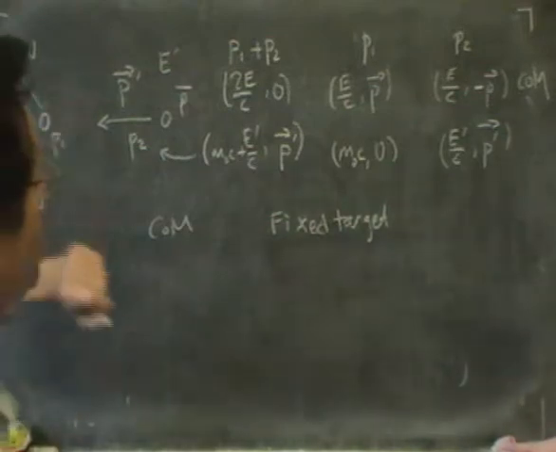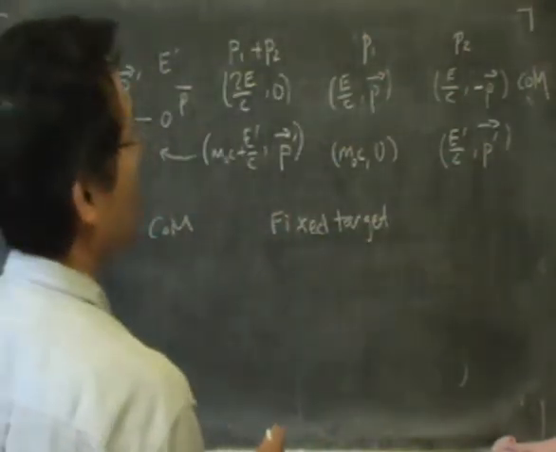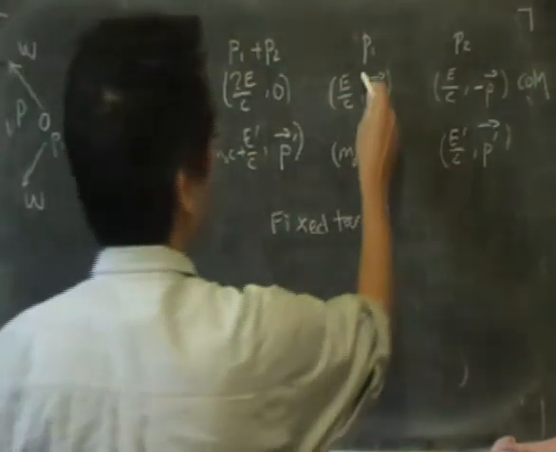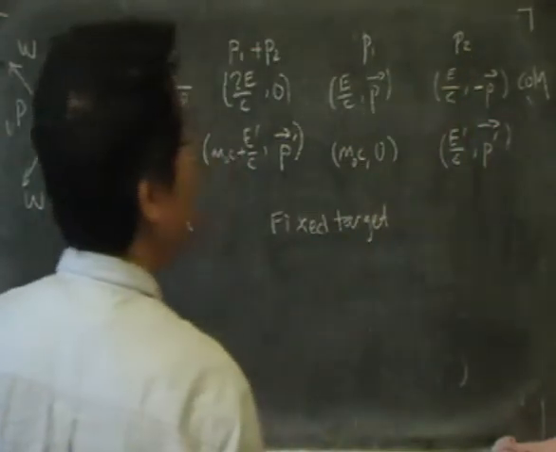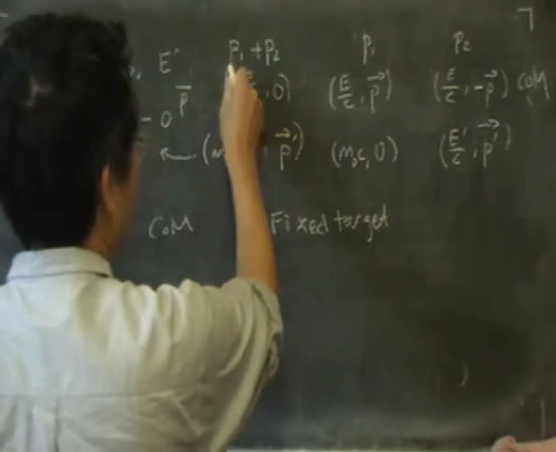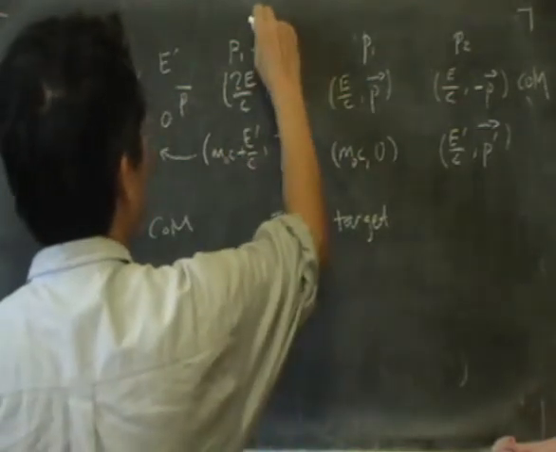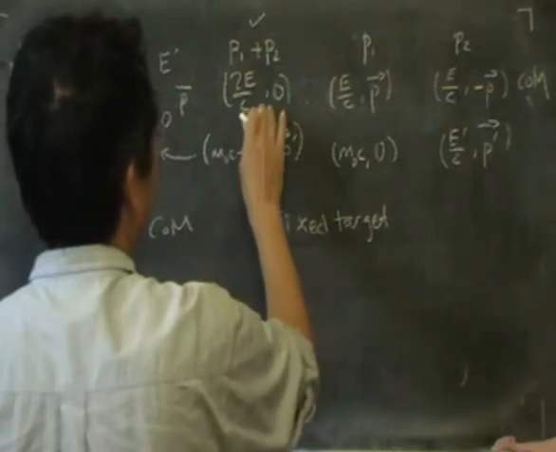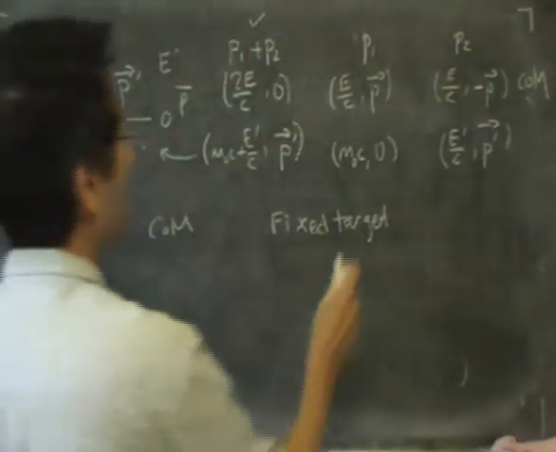Let's go with the center of mass frame. Instead of taking the inner product between P1 and P2, since we see that the sum of P1 and P2 gets rid of the P, let's make use of that and take the inner product of this with either this or this. Which should we choose?